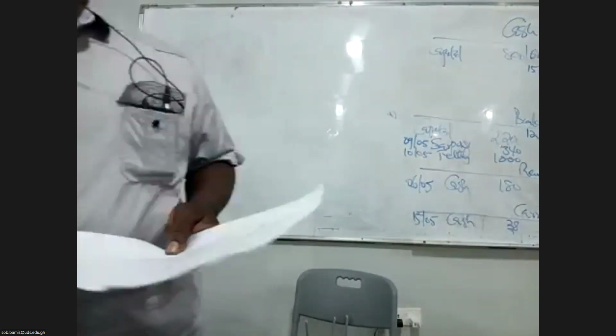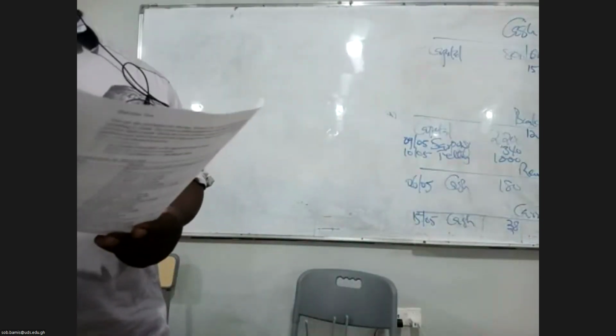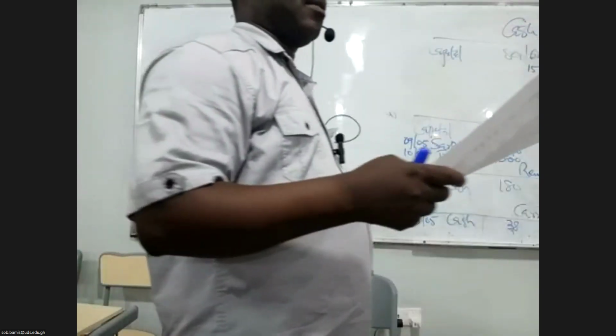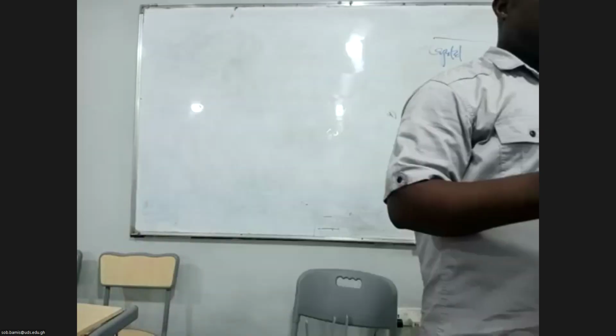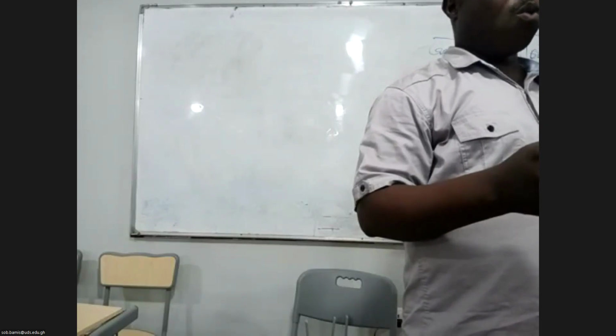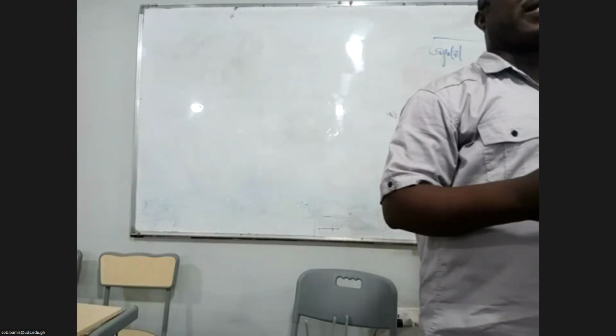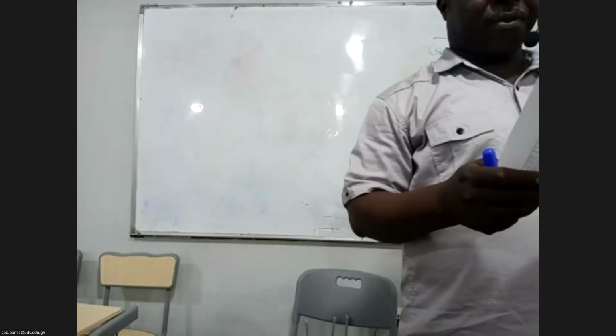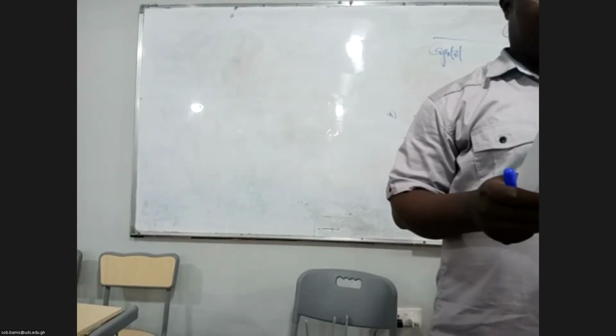Perfect. We are not done. I want the last one before the last question. Then what about Jan? We credit Jan with how much? And then debit what? This with 940. Good.